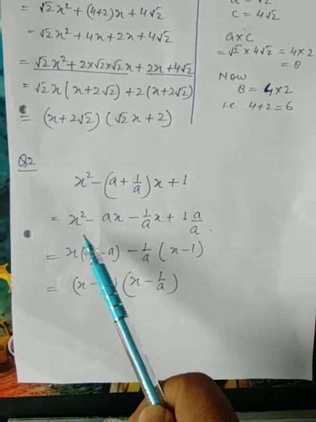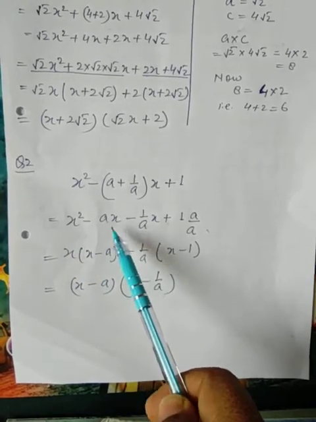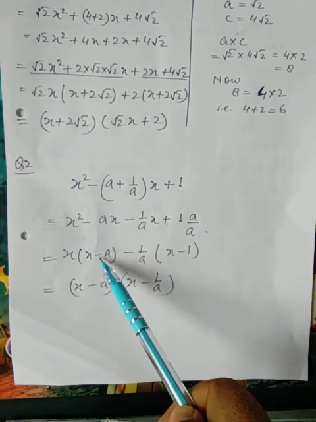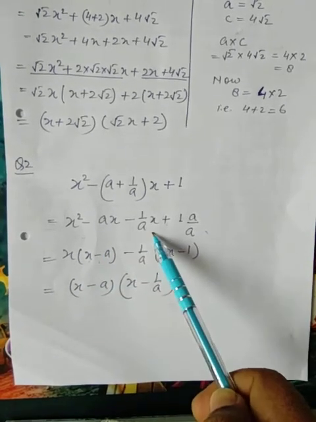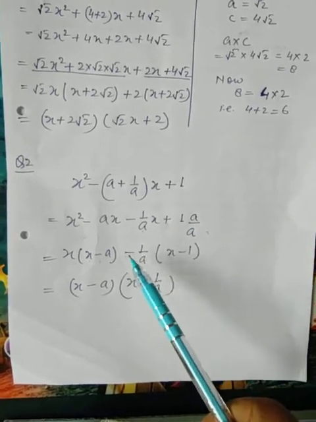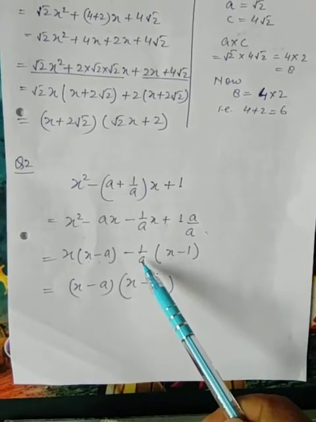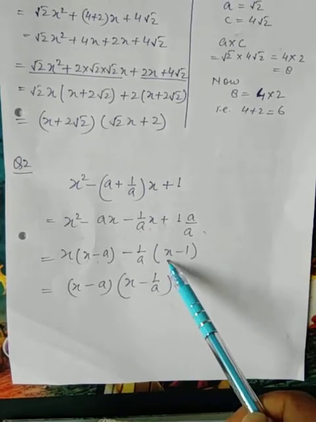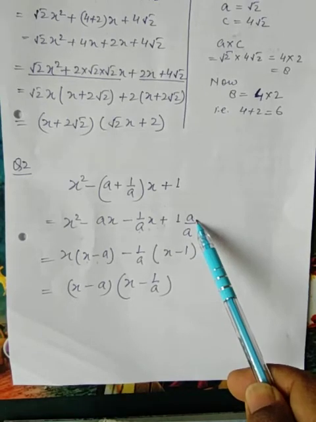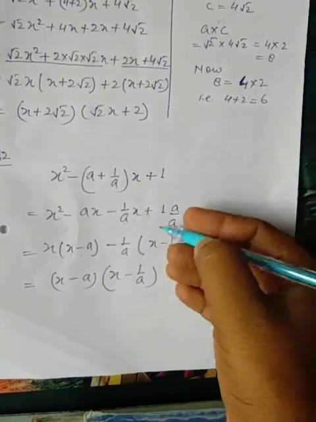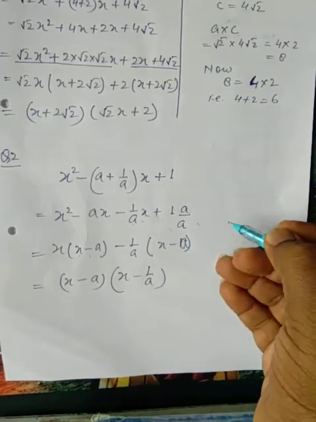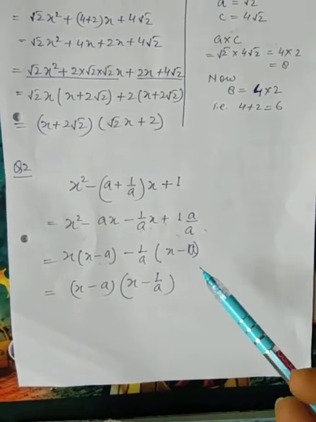Okay, again take the common between these two, and the common between these two is x. This will be x minus a, and again whenever you take the common as 1 upon a in between, so minus 1 upon a is common, the remaining term is x, and since 1 upon a you have taken, this a is remaining, therefore you have to write there a, correct, right?